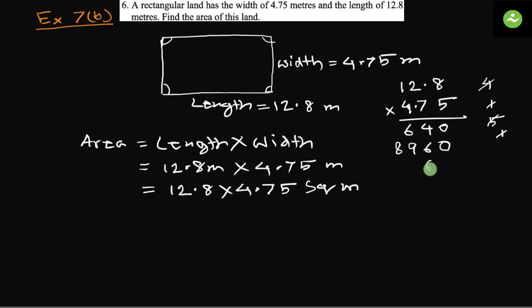Before that, put a 0 here. 4 into 8, 32. 3 in hand. 4 into 2, 8. 8 and 3, 11. 1 in hand. 4 into 1, 4. 4 and 1, 5.